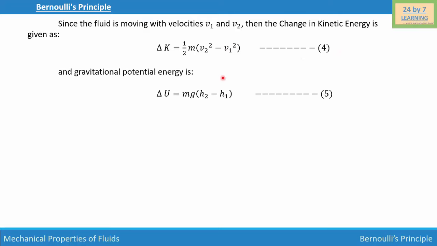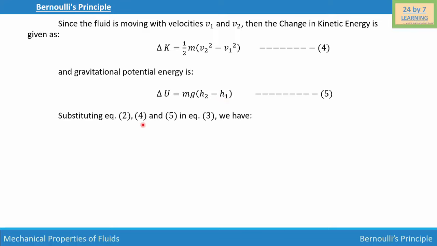In the same way, we can find the gravitational potential energy, which is delta U is equal to mg (h2 minus h1), because one end is at height h2 and the other end is at height h1, and let this be equation number 5.